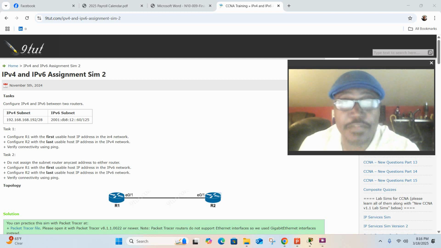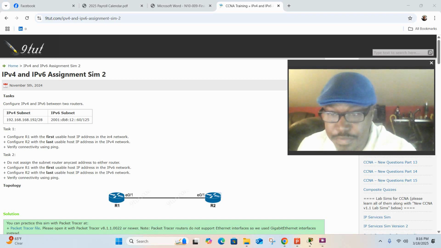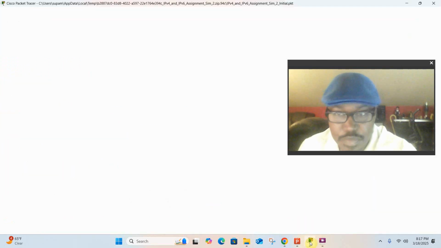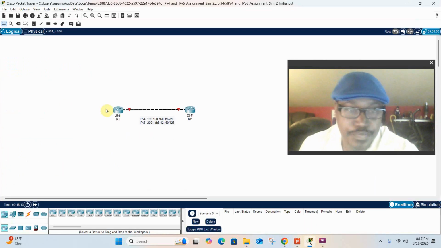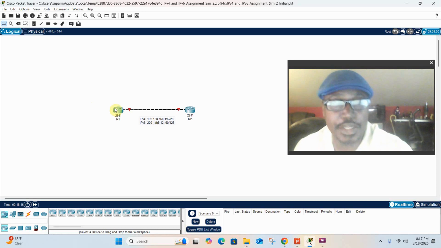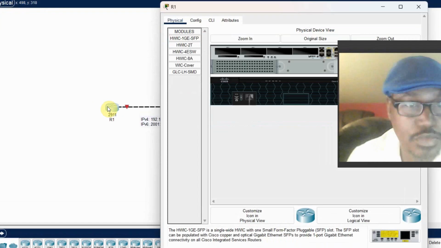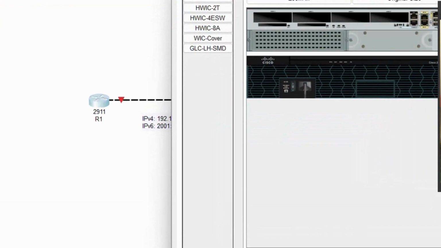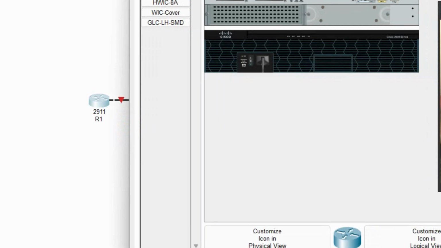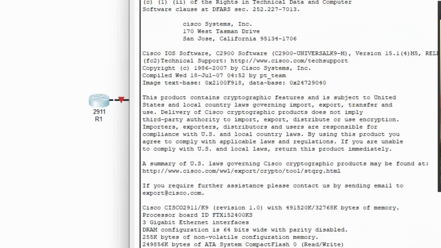So again, I have the Packet Tracer version of this lab pulled up. Let's get right into it. As soon as I find my mouse, there we go. All right, so starting in R1, we're getting to the command line.